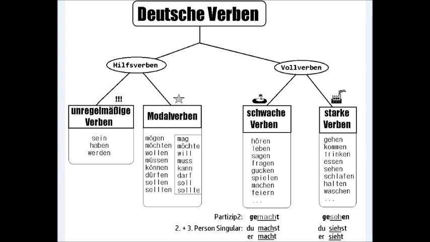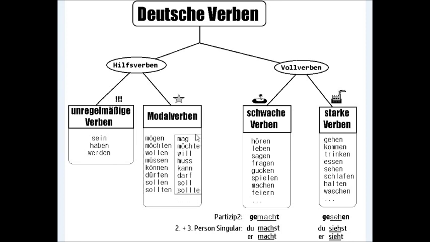Well, let's sum up what we've learned. The 4 types of German verbs are 3 irregular ones, 6 modal ones, which are the auxiliary verbs, so they come in combination with other verbs. The modal verbs have a special stem for the singular that you need to learn.